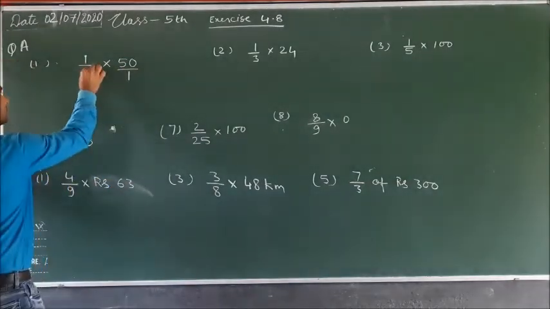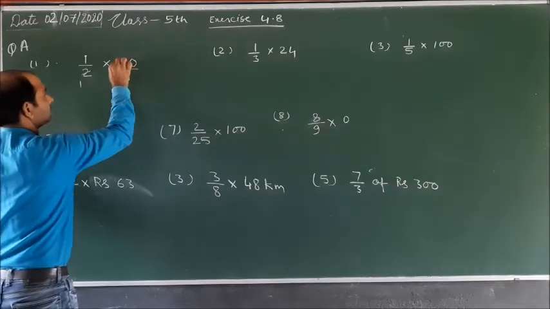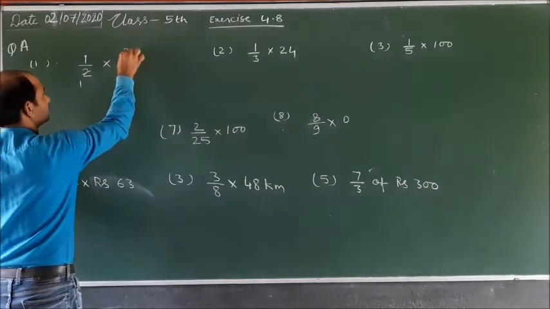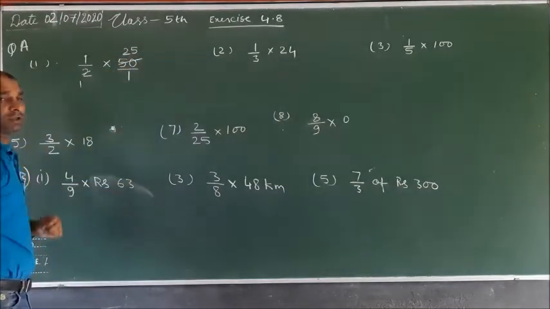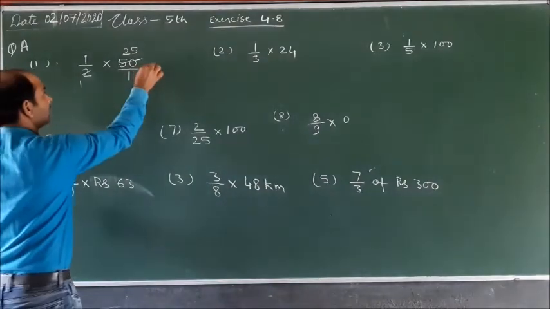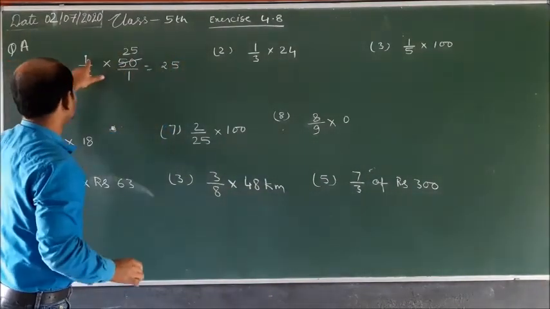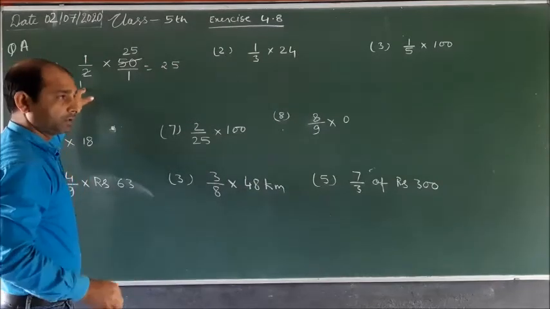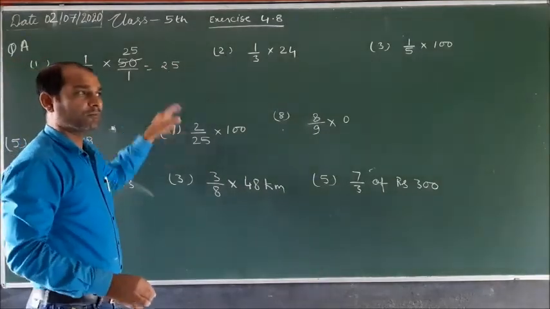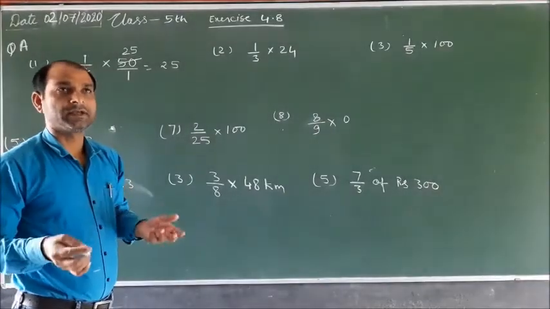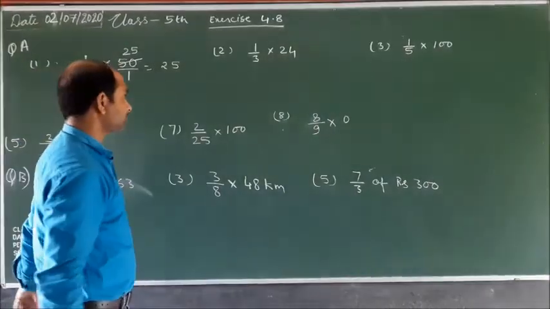This number is divisible by 2, 1 twos are 2, and this number is already divisible by 2. So our answer is 25, because 25 over 25, 1 ones are 1. Then 25 upon 1 equals 25.